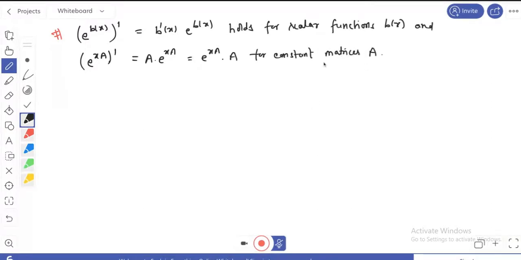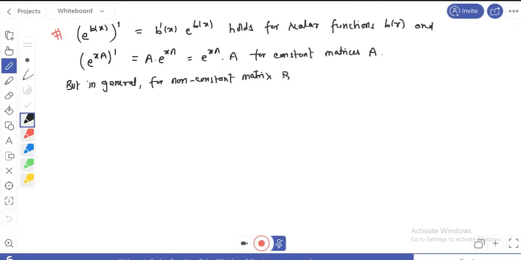Okay, but in general, this is not true for non-constant matrix.